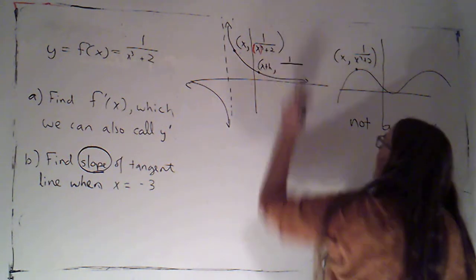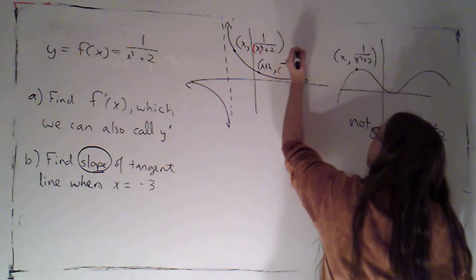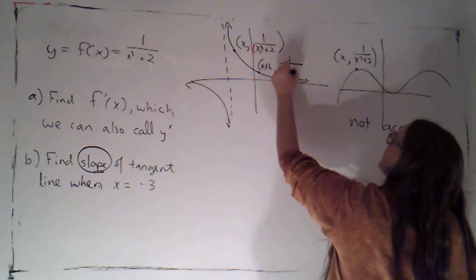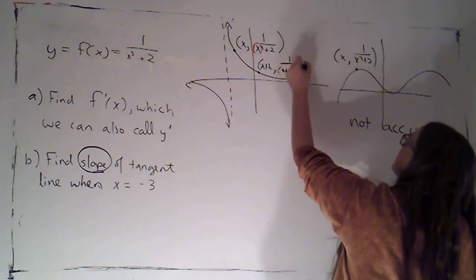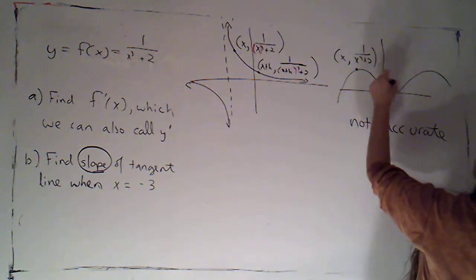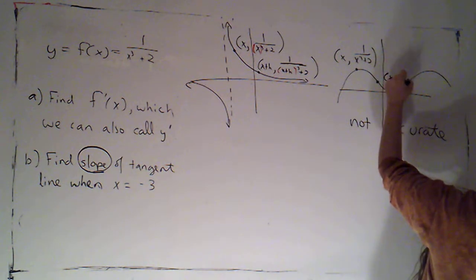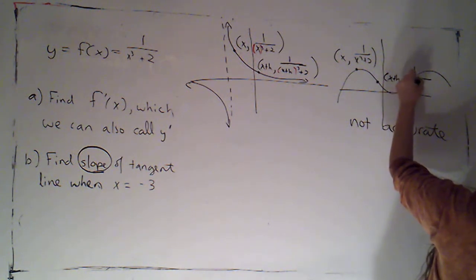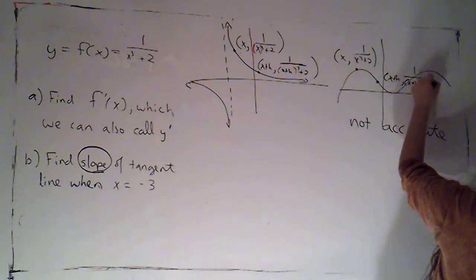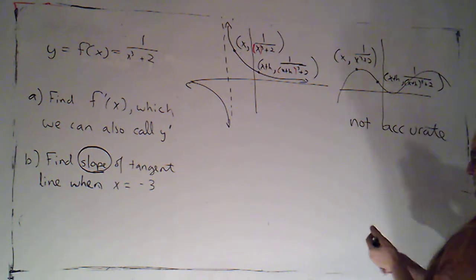So it would be 1 over x plus h, the quantity cubed, plus 2. Same thing here, x plus h, comma 1 over the quantity x plus h cubed plus 2.